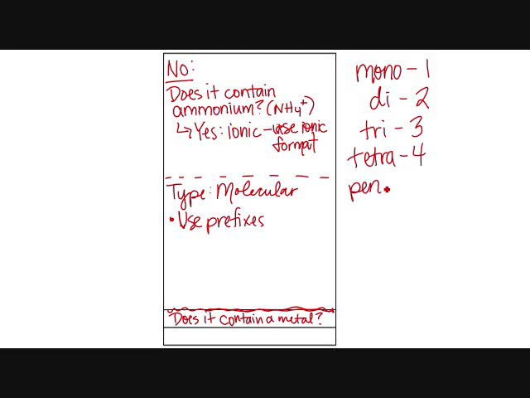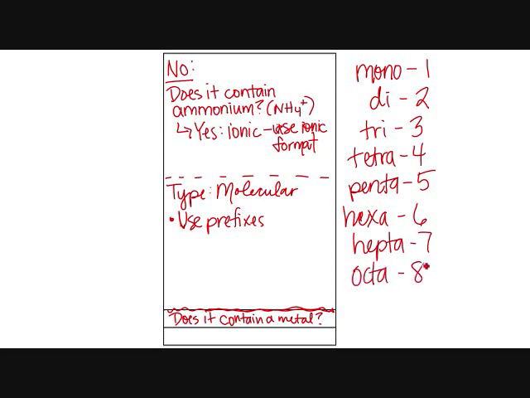Again, you're writing these somewhere near the molecular, so you know what that means. Penta 5, hexa is 6, hepta for 7, octa for 8, nona for 9, and deca for 10.